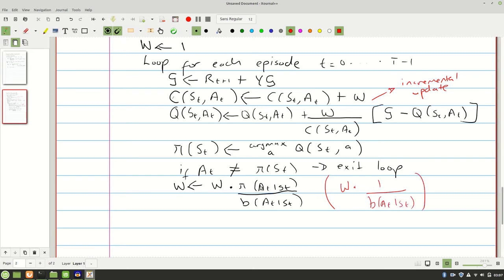Because the probability of taking an action given a particular state under policy pi is always 1. Why? Because it's always the argmax over all actions, and it's a deterministic policy as per our definition. So that actually concludes at least this algorithm at this point.